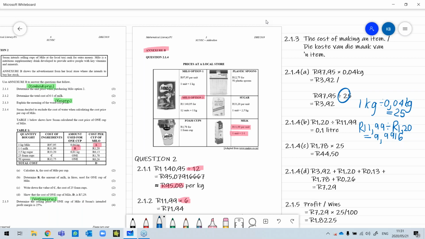Let's quickly see. If we take this 9.9916 and let's just do that on my calculator quickly. Sorry guys, just hold on as I quickly do the calculations here.